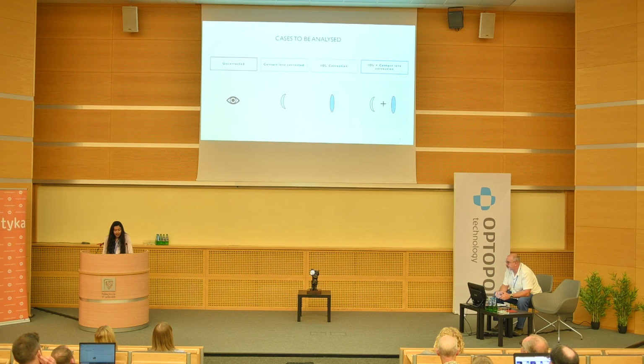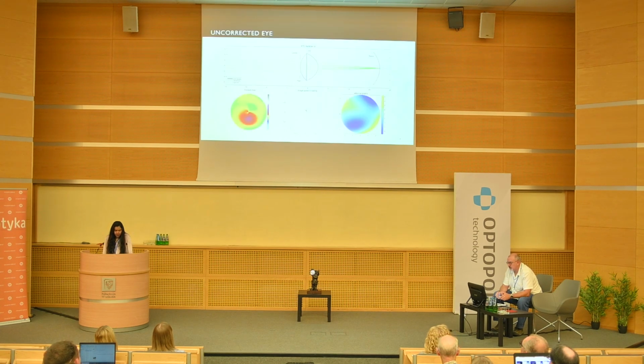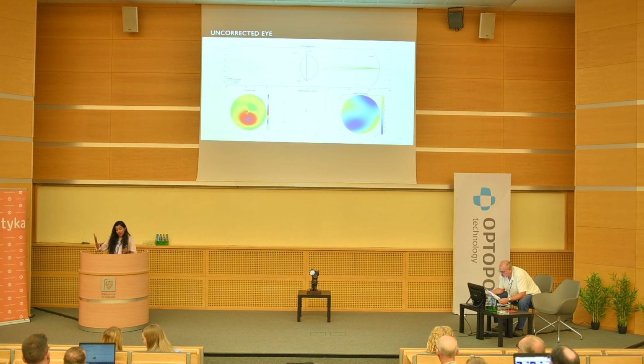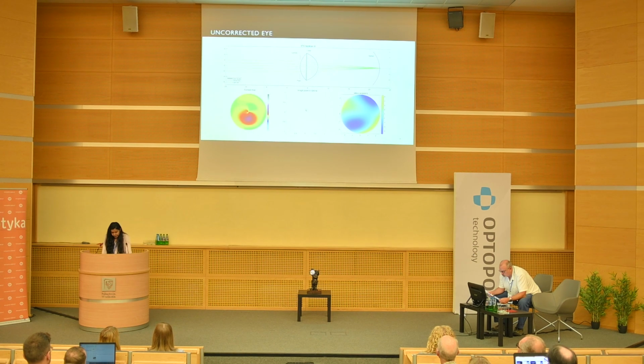So we can do an example of how it's done. First we can do the uncorrected case. This is SIND eye 15, and you can see the ray tracing of the whole eye and the corneal map of the eye, and how the light rays are behaving at the retinal plane and the resulting wavefront and the VSX as a result.